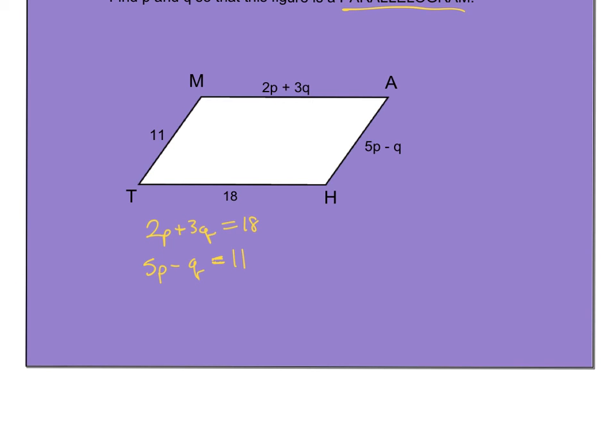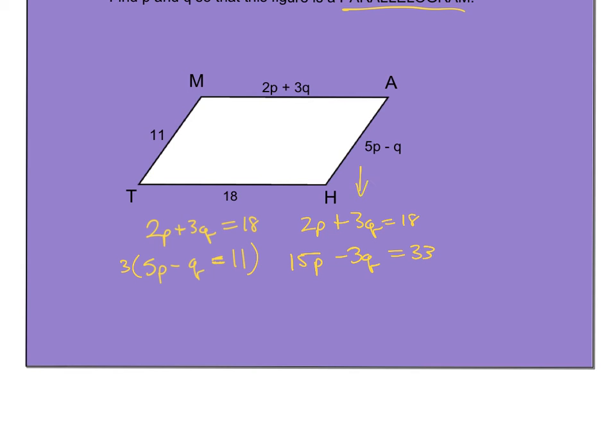That would totally work. What I might be encouraged to do, though, is multiply the bottom by 3. So I'll keep the top as is. If I multiply the bottom by 3, I get 17p minus 3q equals 33.